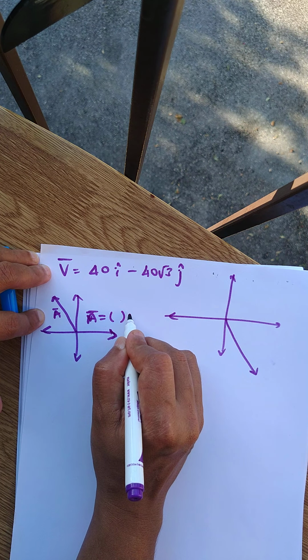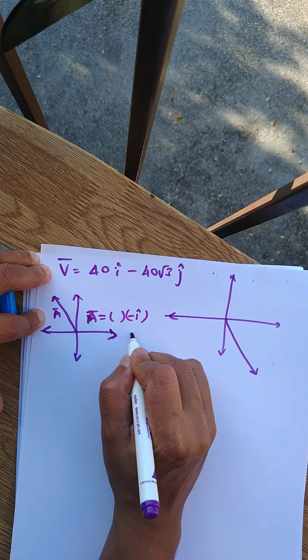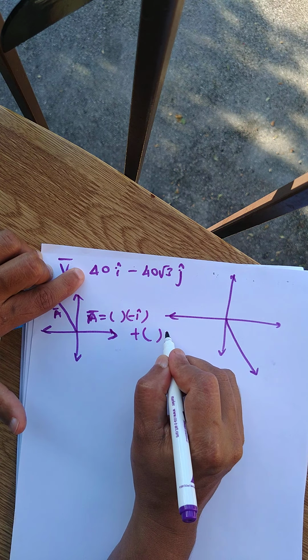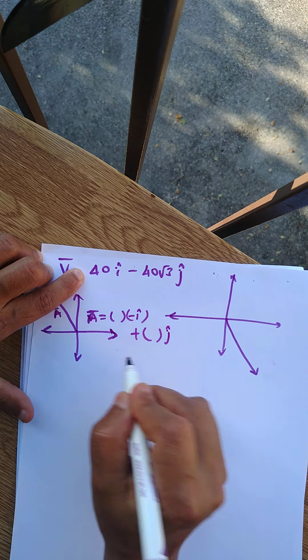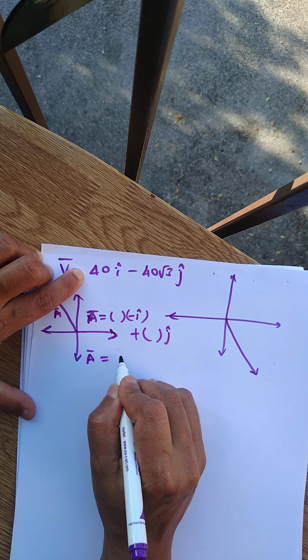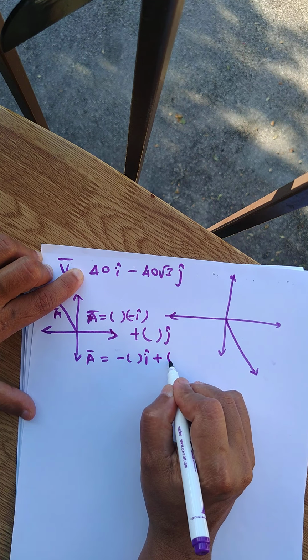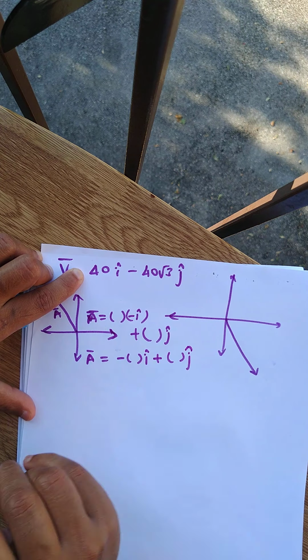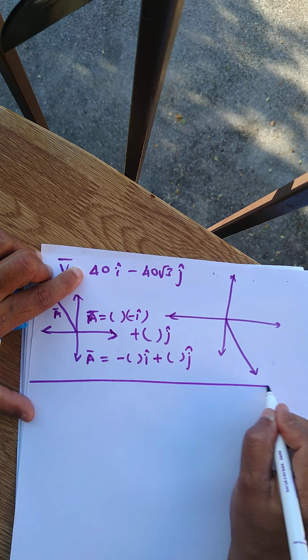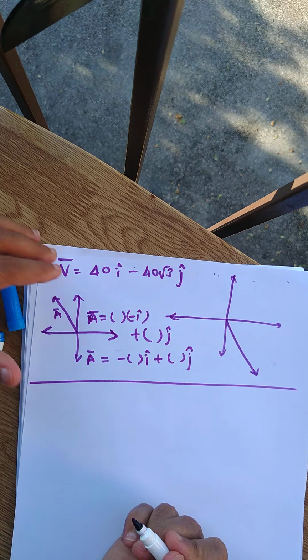Something into minus i cap plus something into positive y axis. So j cap. It would look like minus something i cap plus something j cap. Yeah, good. All right.